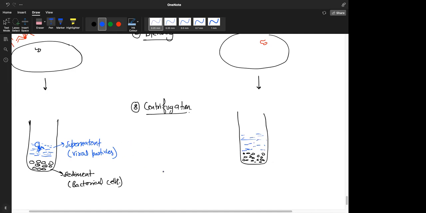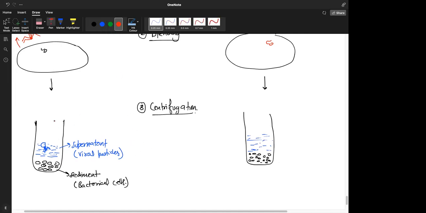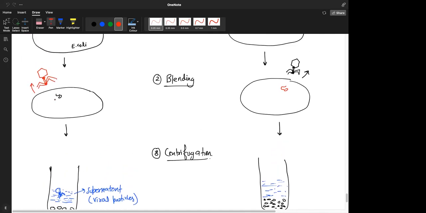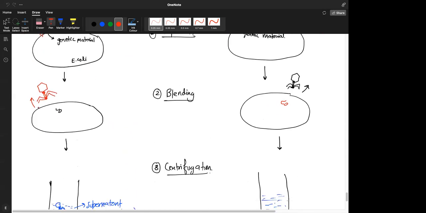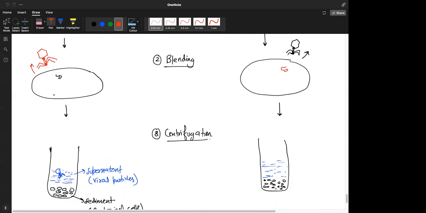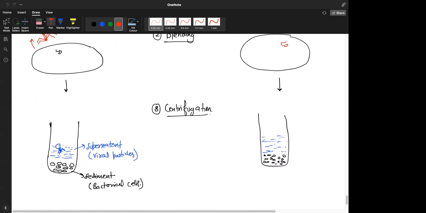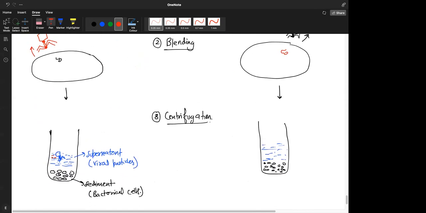Now, in the first case where the culturing of the viruses was done in the presence of radioactive sulfur, the protein coat was labeled only. So we will get this radioactivity signal, this red signal, in the supernatant. You understand, everyone?